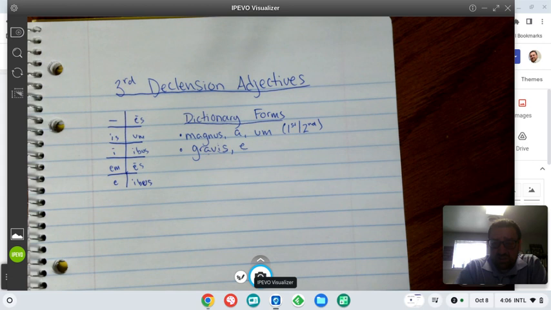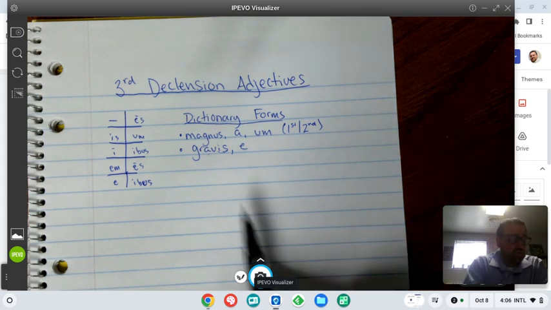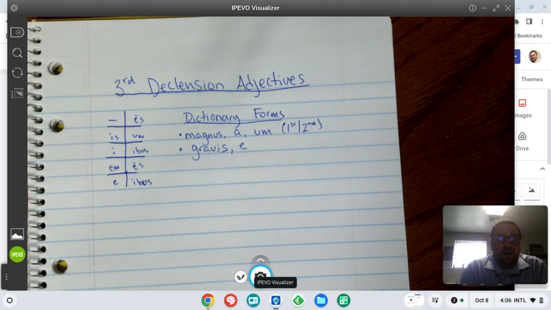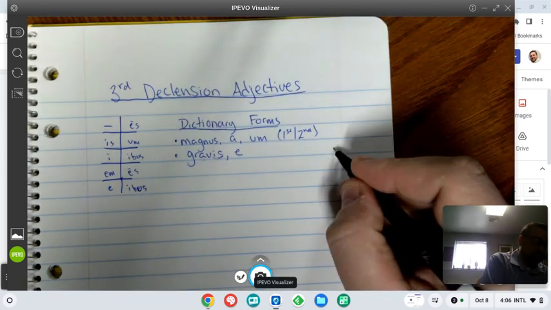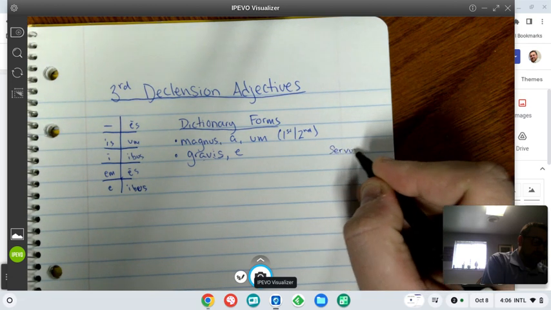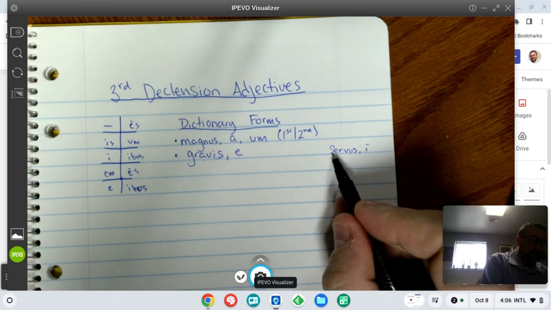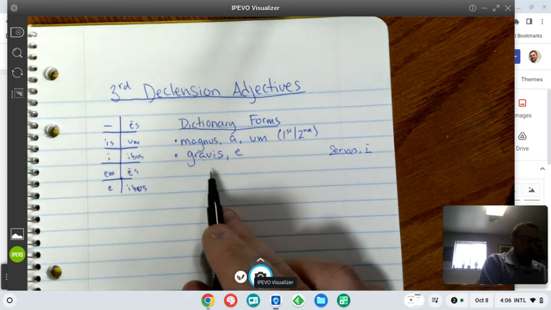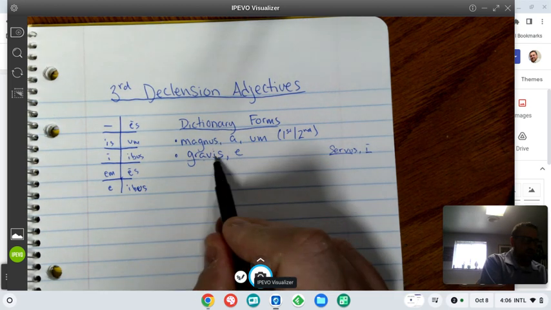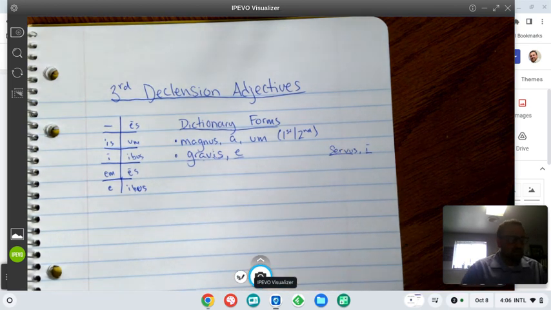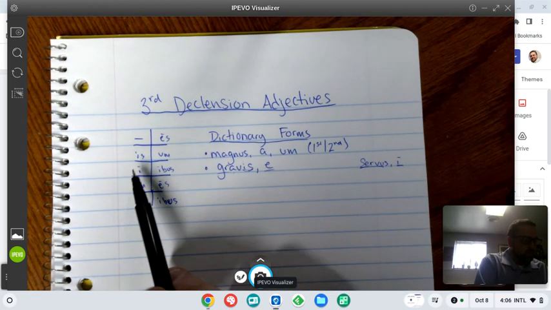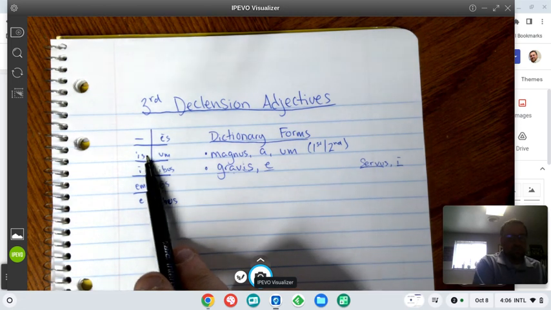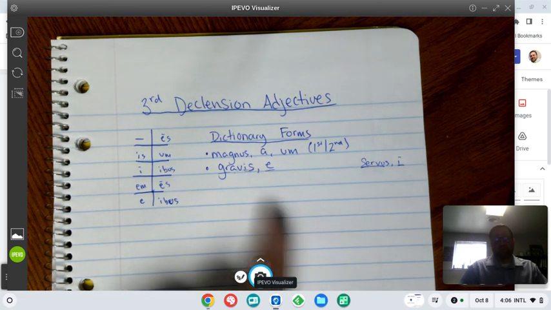Now, this looks a little bit more like a noun with two parts to the dictionary form. But remember how nouns had the nominative first in their dictionary form, like servus, servi, where this is the nominative and this is the genitive. Is that what's going on here? Is this the nominative and this the genitive? No, because we learned that the genitive of third declension is -is. That is not what's going on here.